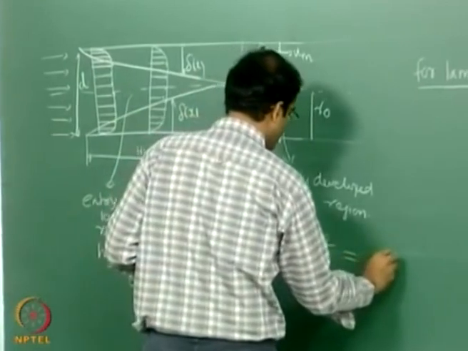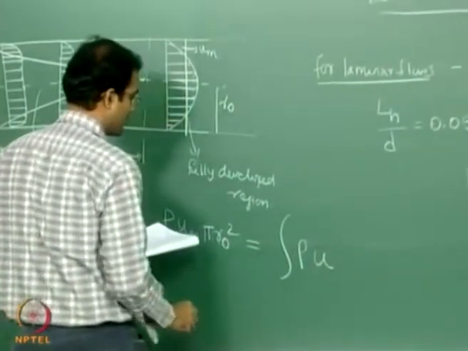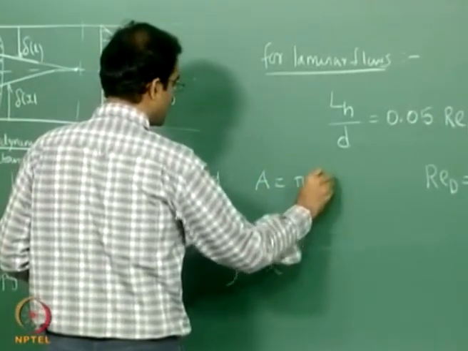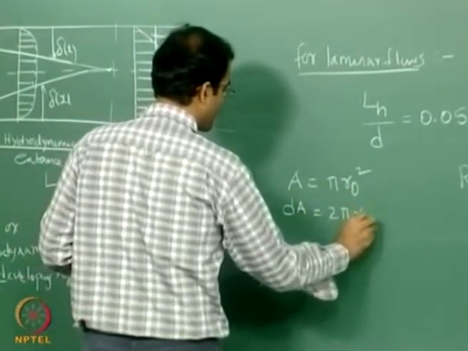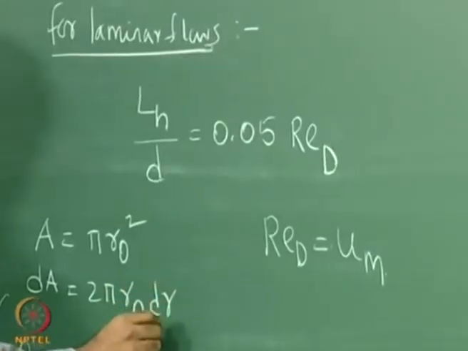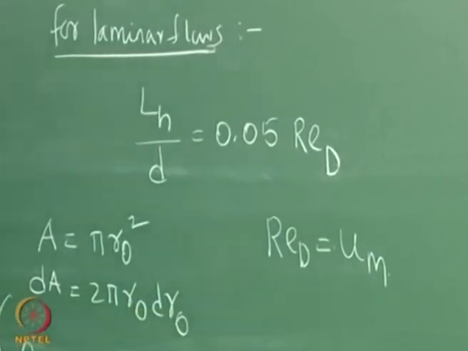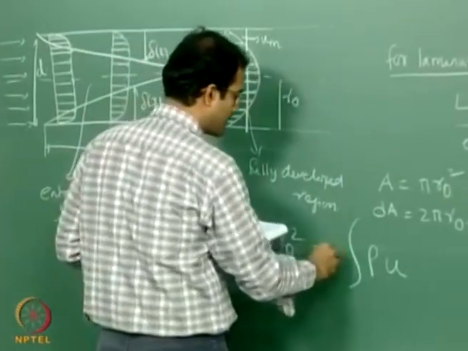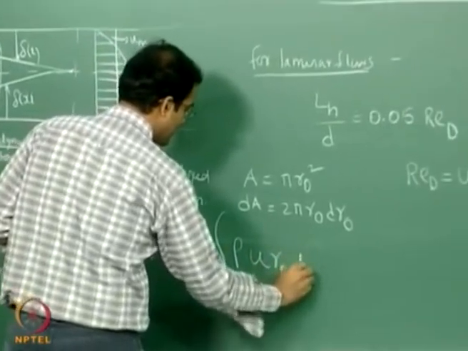So that is rho into u into, now if you say area is equal to pi r square, my dA will be equal to 2 pi r dr. Okay, so I can average this, integrate this over the entire cross sectional area.